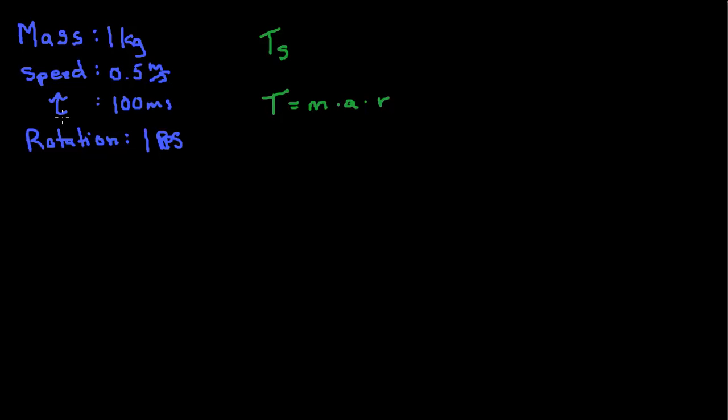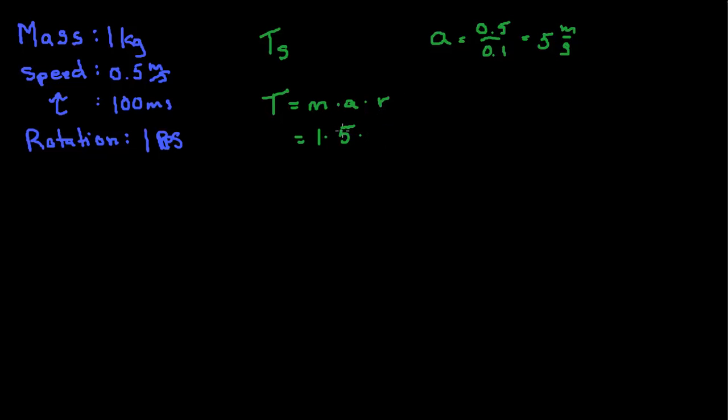So it would be speed divided by tau, which would be A is equal to 0.5 over 0.1, which is equal to 5 meters per second squared. And if you plug those in, mass is 1 times 5 times the radius of our wheel.